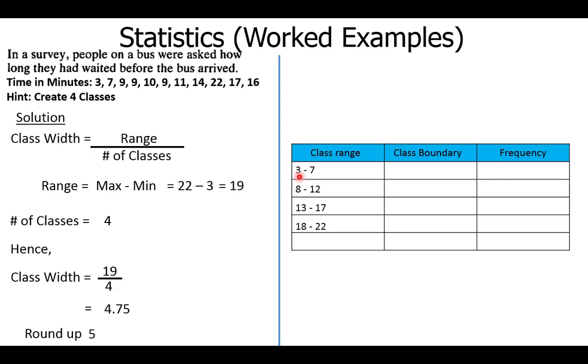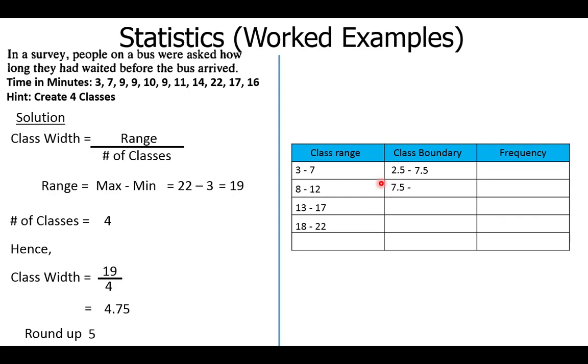So in the first case, we have 3 to 7. If we subtract 0.5 from 3, we would have 2.5. And then the upper limit of our boundary is 7 plus 0.5, that's going to be 7.5. Then the next class boundary is going to be 8 subtract 0.5, which gives 7.5.